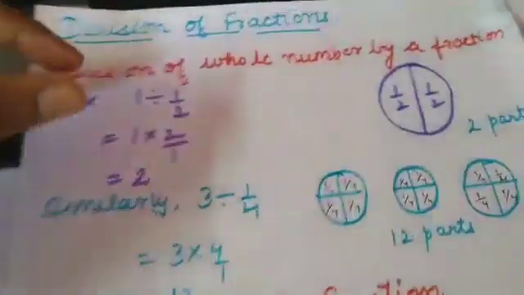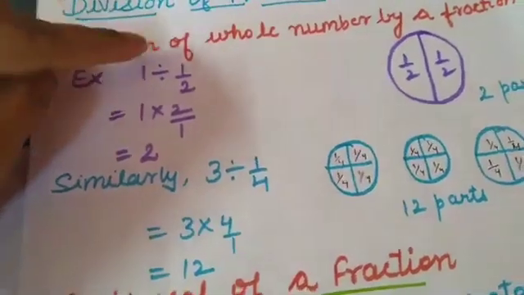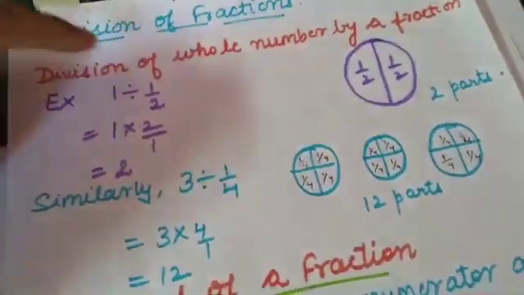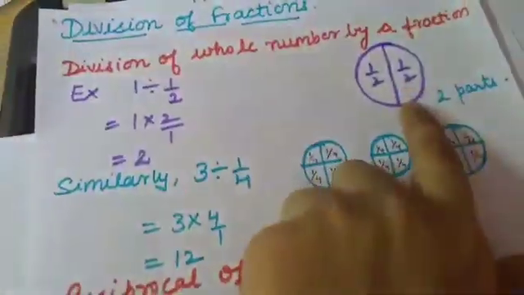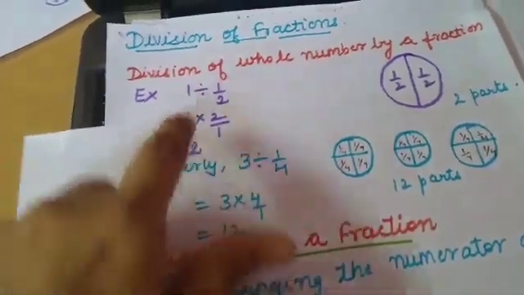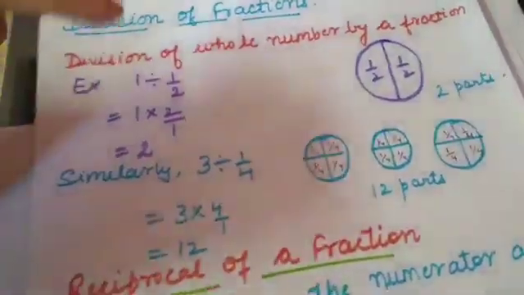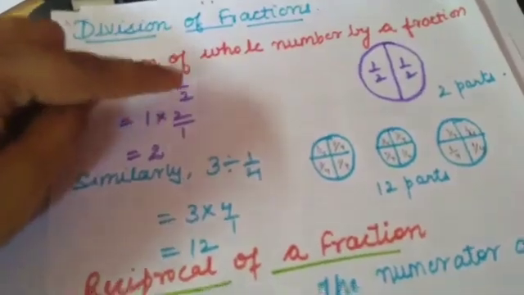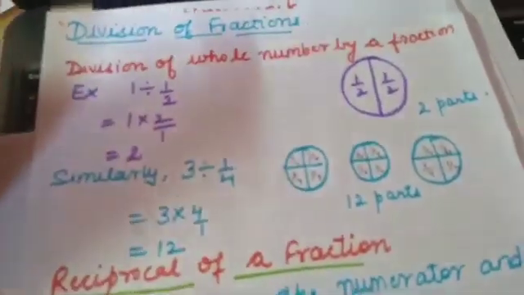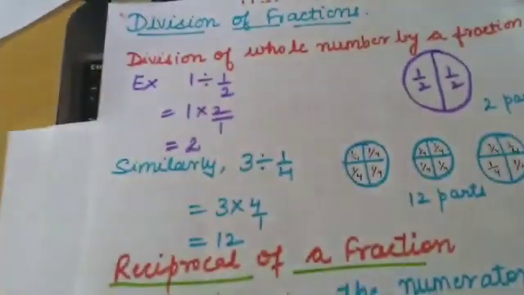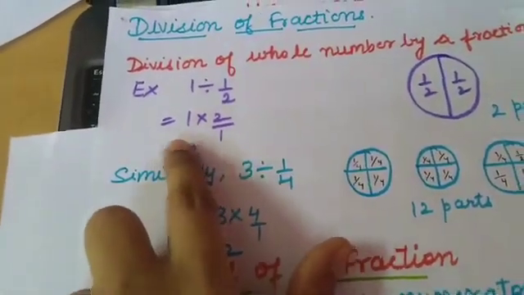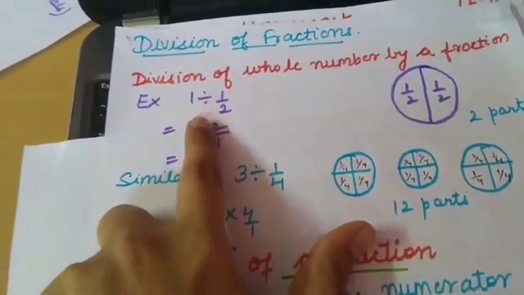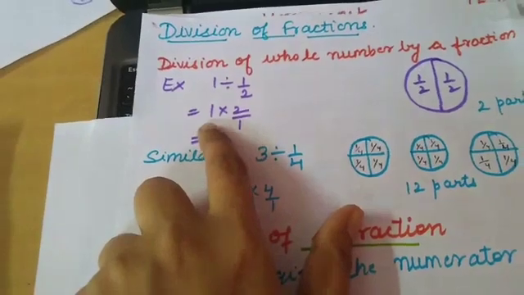Now with mathematical calculation, how will you solve this division? As you got, your answer is 2. But how do you get it if you are simply dividing 1 divided by 1 by 2? For that, one rule you have to remember. For simplification of division, first you have to convert the sign of division into multiplication.